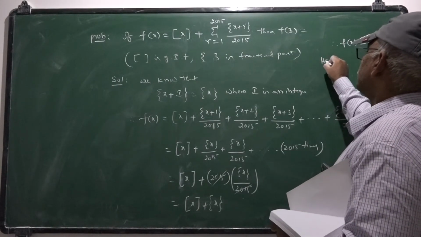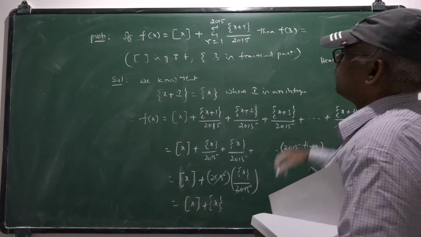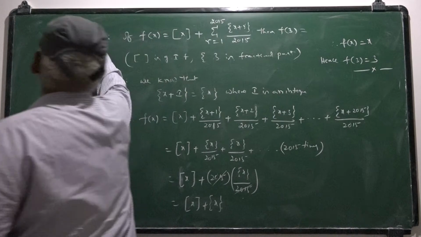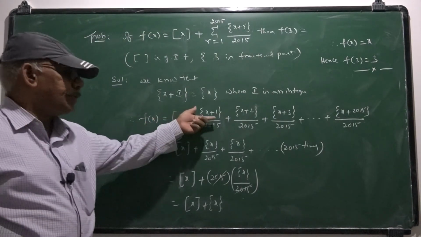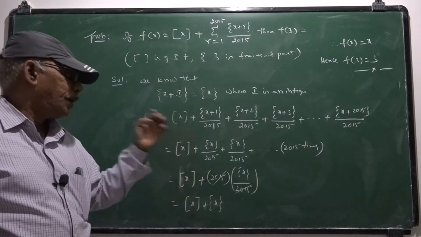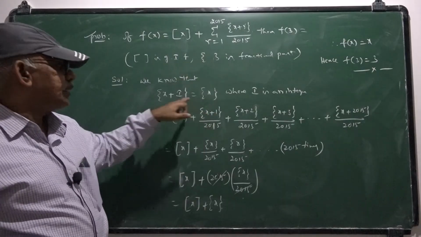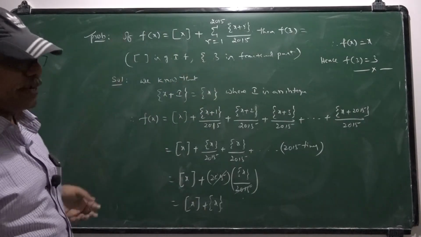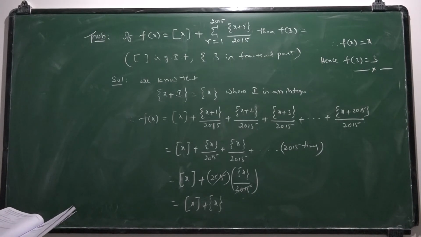Hence f of 3 is 3 itself. This is one fine problem. Based on the definitions of the functions, we are able to find that the fractional part of x plus an integer is the fractional part of x itself. This is one good problem.